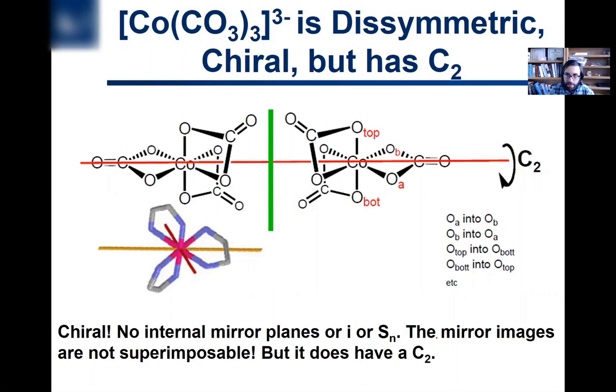So it will have enantiomers, remember? Those are the different mirror images of chiral molecules. But it has some symmetry still. It has a C2, right? You can see what happens. This OB oxygen atom goes into OA and vice versa on 180 degrees. This top one goes to the bottom. So you can kind of see we're spinning it like that.